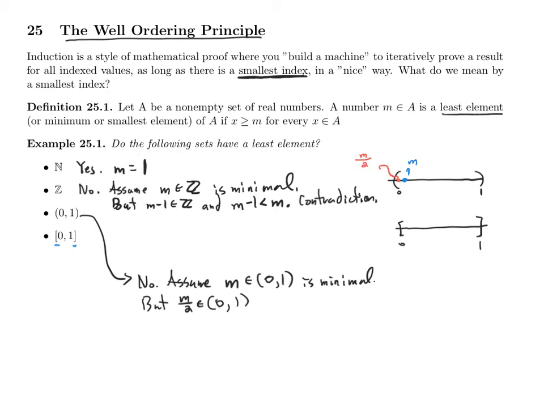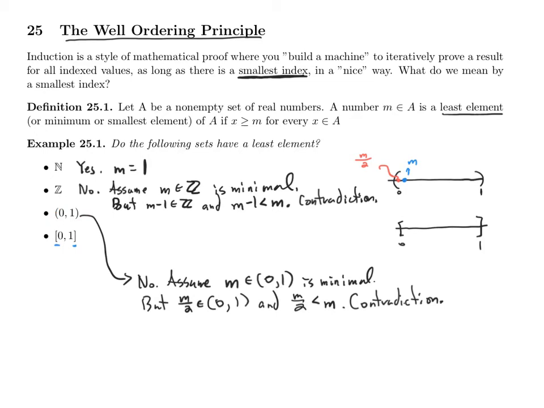So that's still in the interval from 0 to 1, and clearly m over 2 is less than m. So this is a contradiction. So this open interval doesn't have a least element.